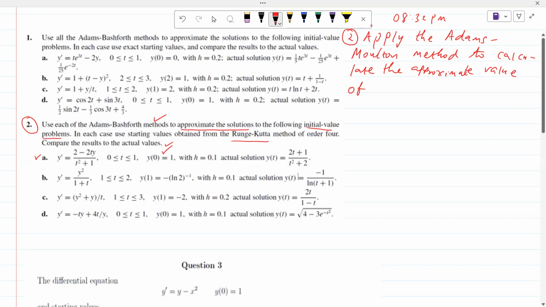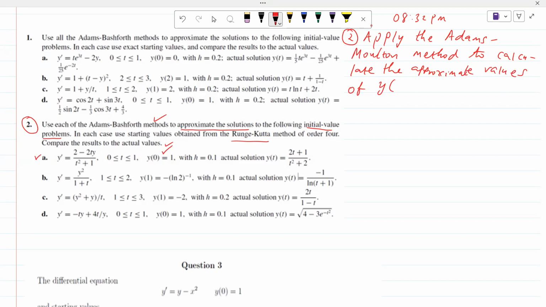So how do we apply the Adams-Moulton methods to approximate the value of this particular function at different values? All right, so we begin as follows. We note that, to approximate the values of y at t at different values, the values would be the values of y at any value.